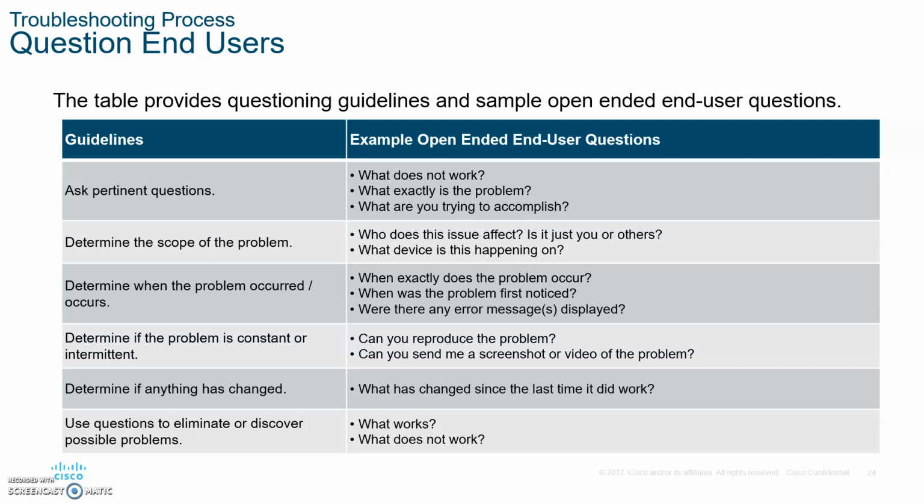Would you be able to replicate the problem, for example, so you can see if you could do it again, and so on. So get as much information as you can from the user. Now, remember that sometimes the user may be reluctant to give you information because they think they may get in trouble, because they might have done something to really cause the problem themselves.